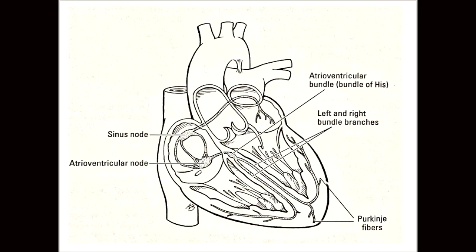The AV bundle, or atrioventricular bundle, is a bundle of fibers that extends from the AV node into the interventricular septum, the septum which divides the heart into right and left sides. So the AV bundle transmits the cardiac impulses.